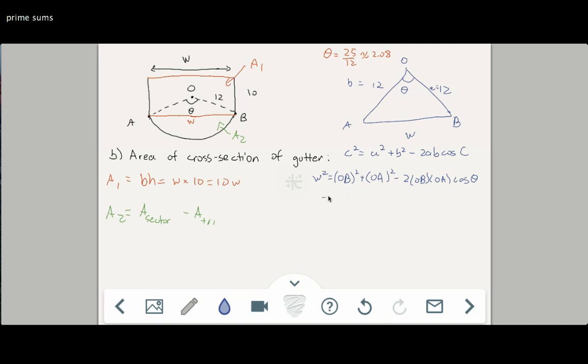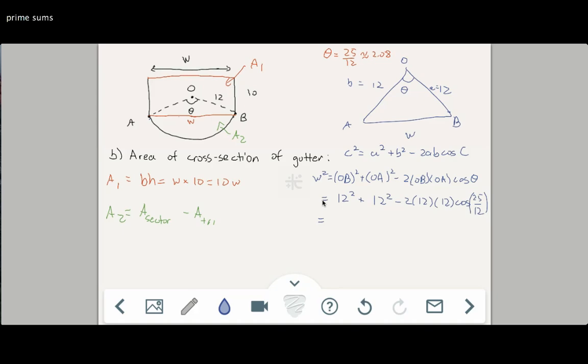Let's sub in our values. We have 12 squared plus 12 squared minus 2 times 12 times 12 times cosine of theta, and we'll use 25 over 12 for theta. And you can use 2.08 as well.